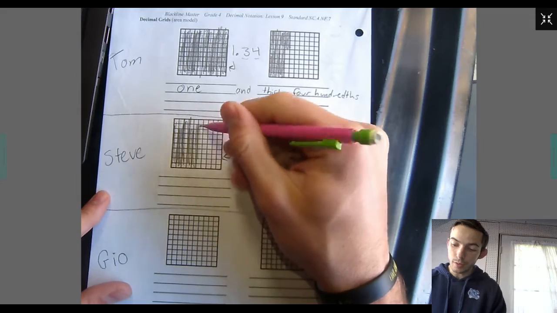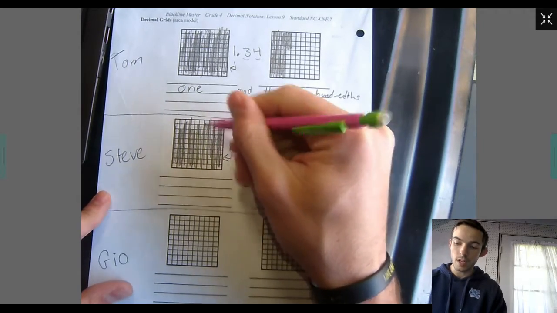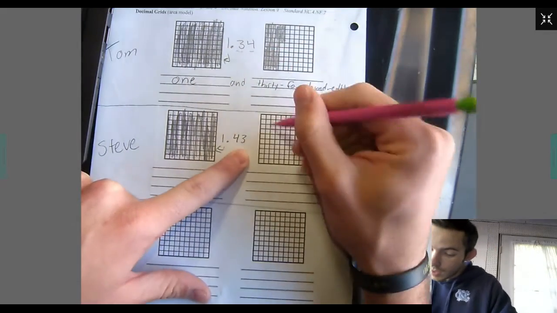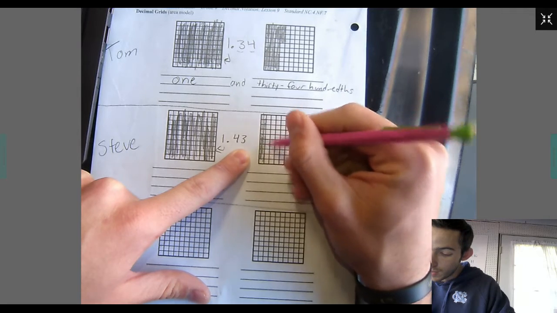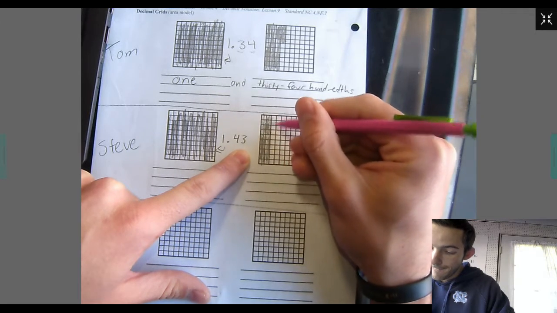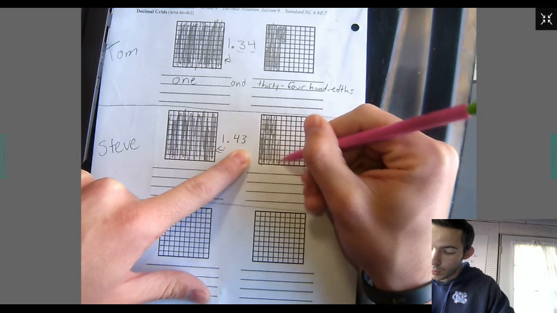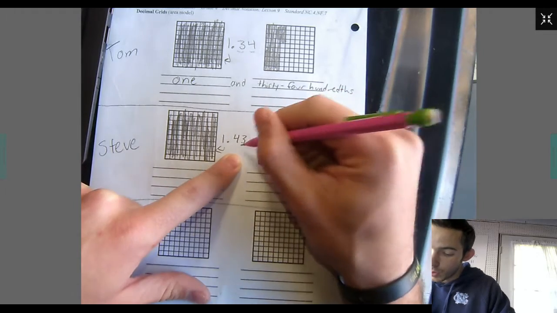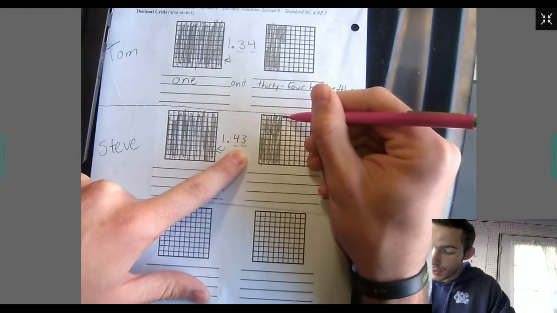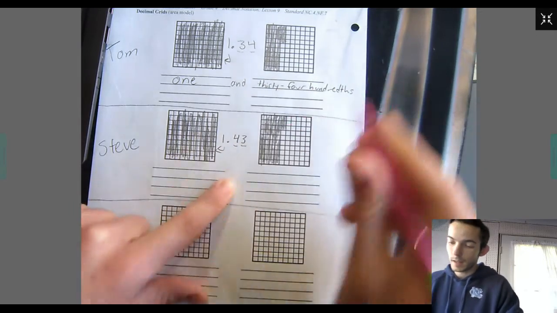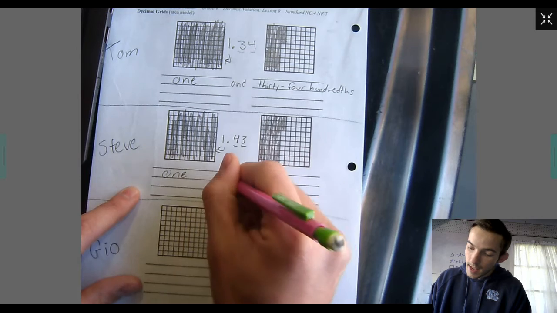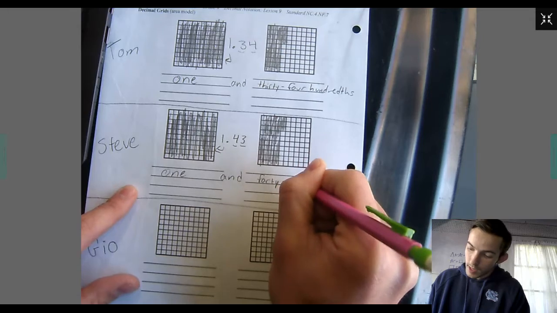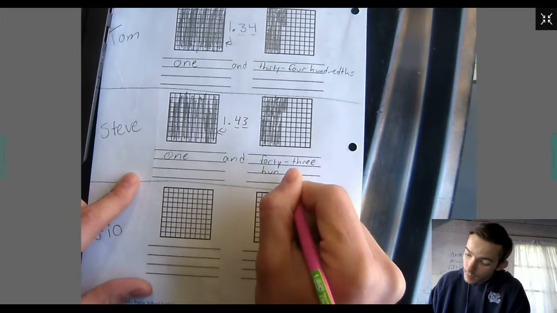For the interest of time, I'm just going to acknowledge that, yep, this is all shaded in. 43 hundredths, the difference between these two, you'll see. 1/10 needs to be shaded in, and another one, and one last one. 4/10 have been shaded in here, and then 3 more hundredths. 4/10, and now 3 hundredths. Okay, so you're going to write 1 and 43 hundredths.